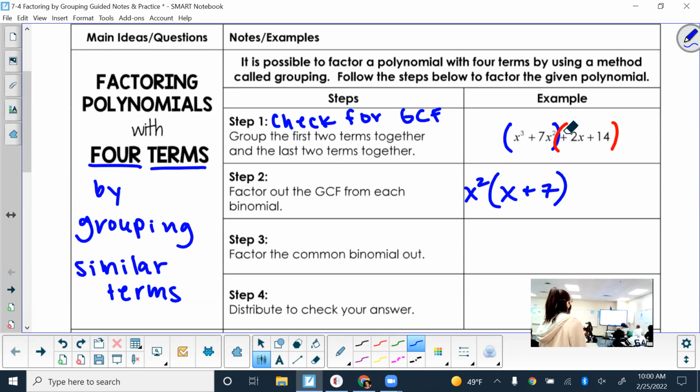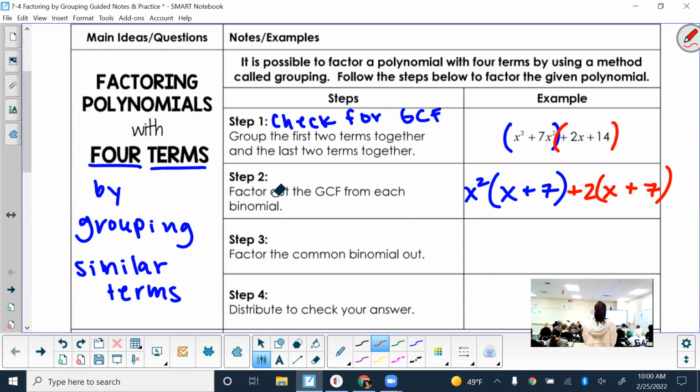Now we're on to the red group. So what's the GCF between 2x and 14? 2, and it's positive, so put plus 2. And then factor it out. What's 2x divided by 2? And what's 14 divided by 2? Good. So that's step 2.